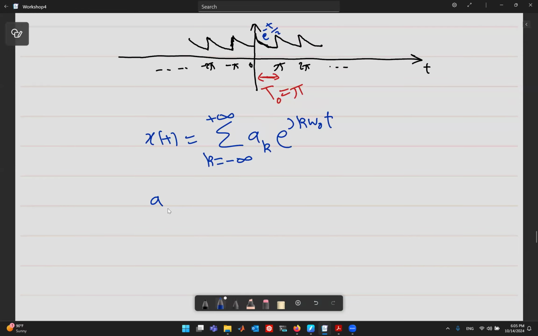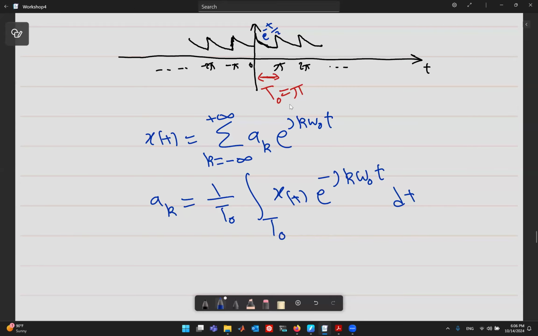Now, those coefficients are given by 1 over T naught, integration over 1 period of x(t) exponential minus j k omega naught t dt. As we said, the period of this signal is pi, and then omega naught is 2 pi over pi, which is 2.